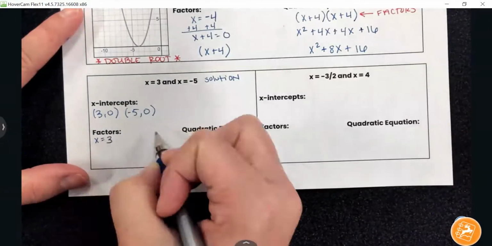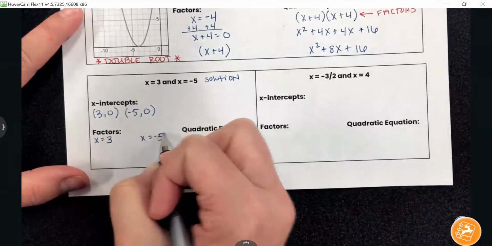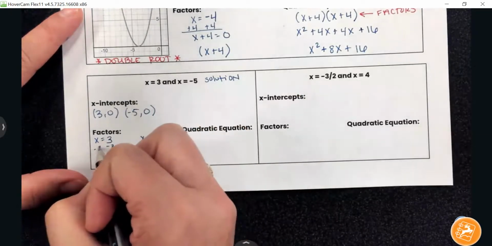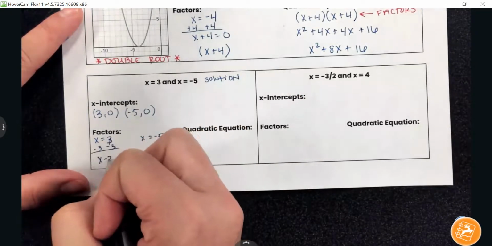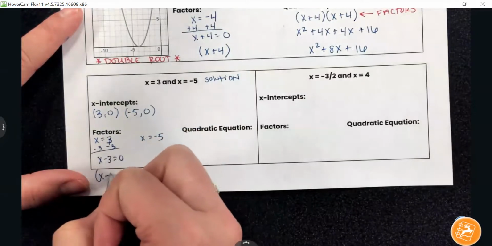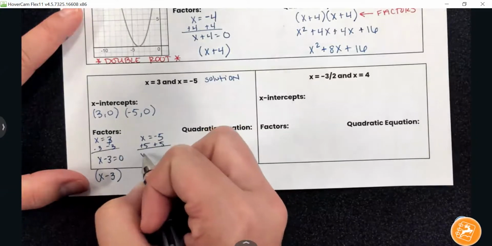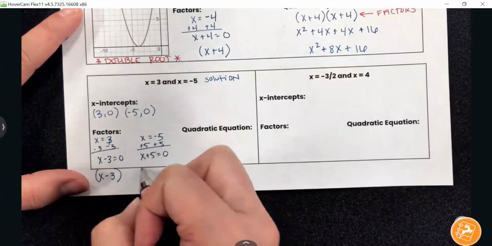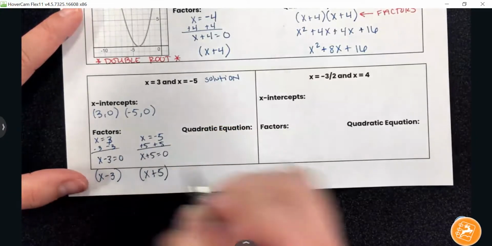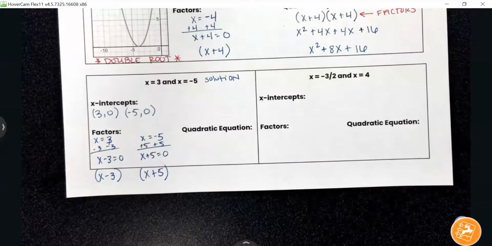Take your solutions and find your factors. When you find your factors, look up to see if they're the same as mine, and then go find your quadratic equation.